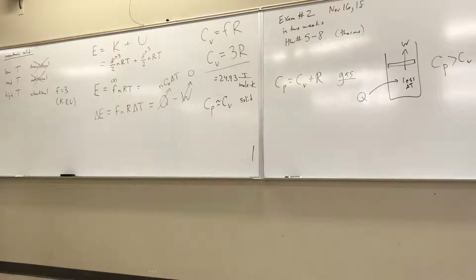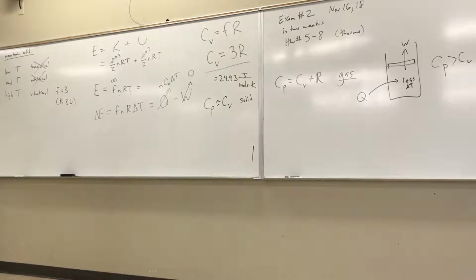Generally speaking, if you're working with a sample of gas and you don't confine it in a space, the only constraint is that atmospheric pressure around it is going to hold it at constant pressure, okay? So again, when you're looking up the heat capacity of a gas, it's really important to know which type it is. It doesn't matter for solids and liquids. The distinction is completely washed out, all right?